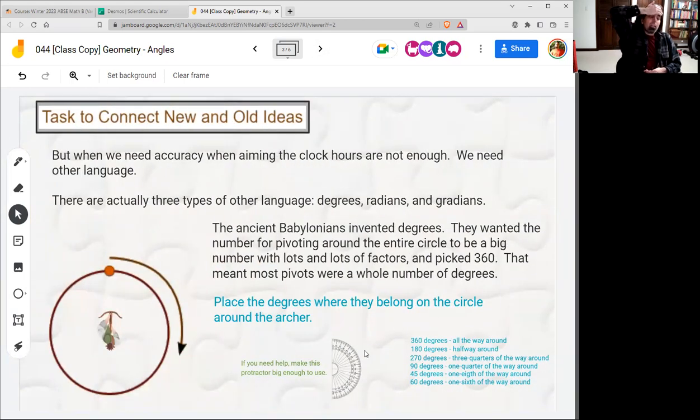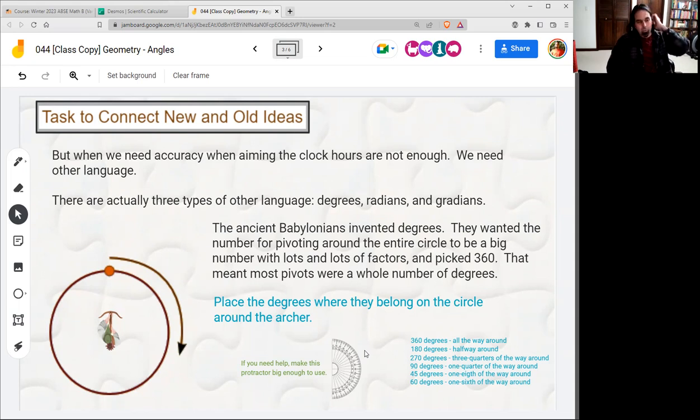So there's 3 languages about this: degrees and radians and gradians. And the GED, I'm pretty sure, only cares about degrees. I'm going to mention the others just so you can be snooty, well-informed citizens and impress your friends at dinner parties, but degrees is where we're at.